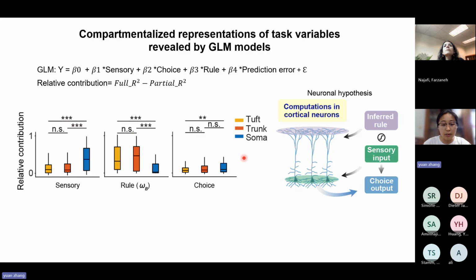So sensory and rule information come in here, and then they integrate into a choice output. That's our neuronal hypothesis. So far we found a difference in compartmentalization of behavior variable coding, but this is for the densely labeled neurons. We didn't follow the same neuron.